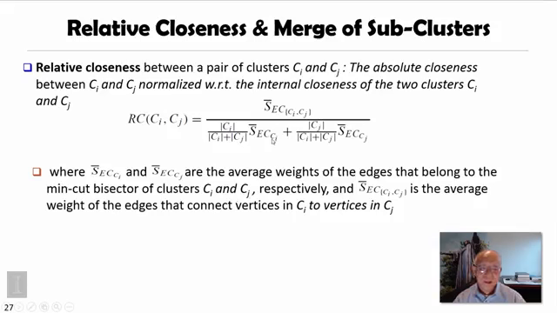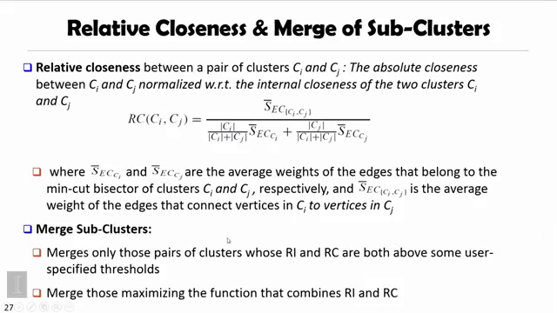That means you look at the min-cut bisector that cuts this cluster, then you find the average weight of the edges. Then you can see the relative closeness is the absolute closeness normalized by their proportionally defined internal closeness.